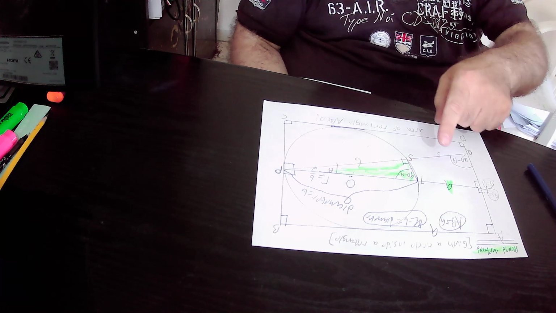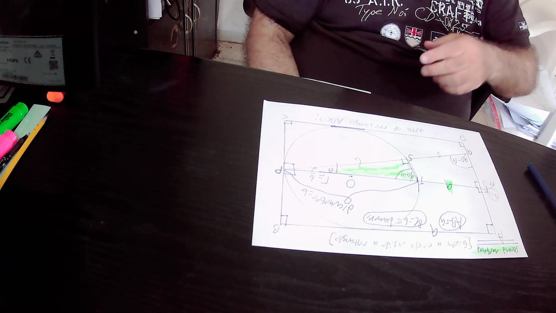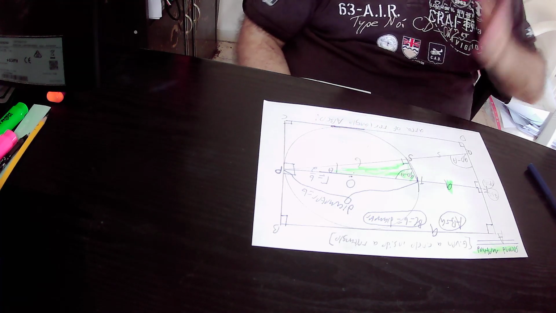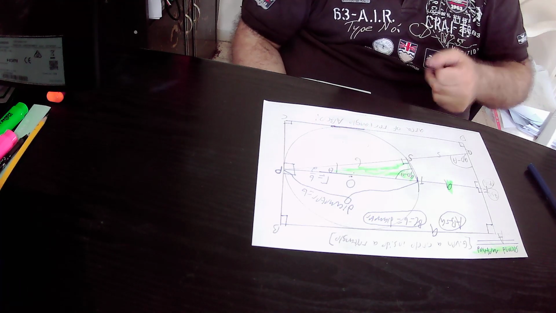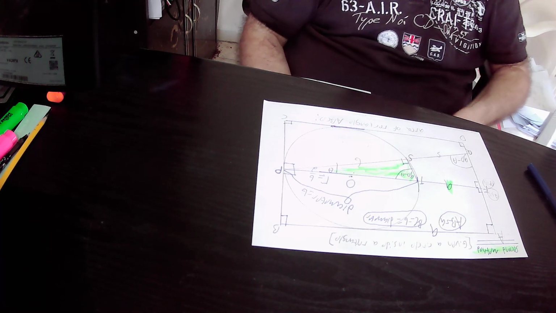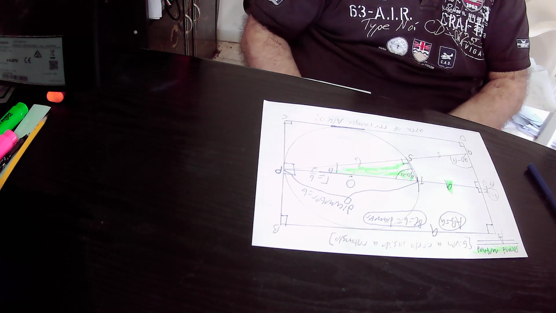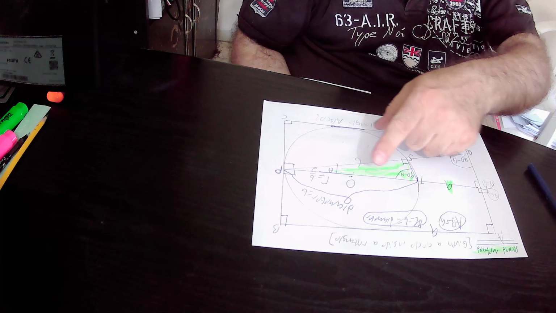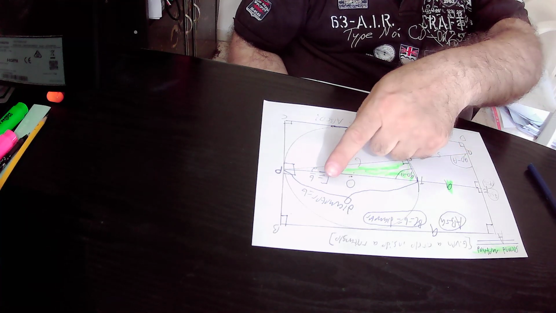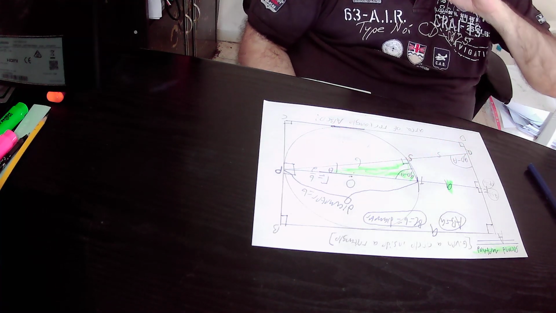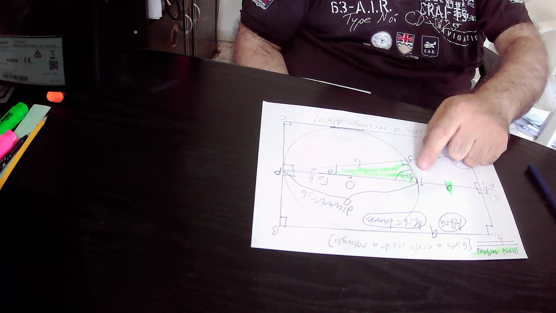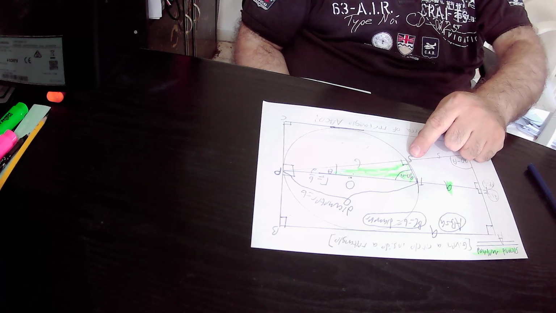What is the definition of chord TP? Chord TP passes through the center of the circle, therefore it must be the diameter of the circle, because any chord that passes through the center of the circle must be the diameter. Therefore TP is the diameter of the circle that is equal to B. Then we join points T and S together by a straight line.